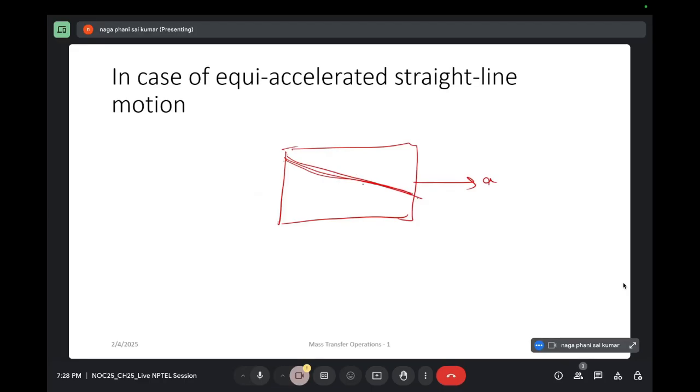Let's say m is the mass of a sample. If the body is moving in this direction, it will be experiencing a force in this direction, that is m into Ax. Weight of the sample will be mg in the down direction. The resultant of these two forces, max and mg, will be in this direction, that is F.